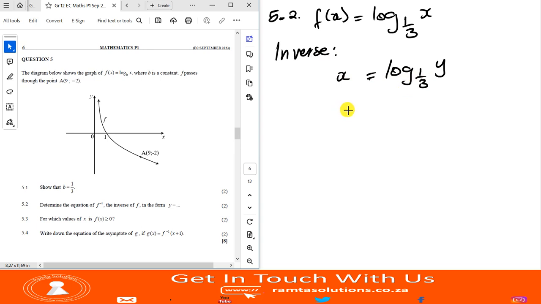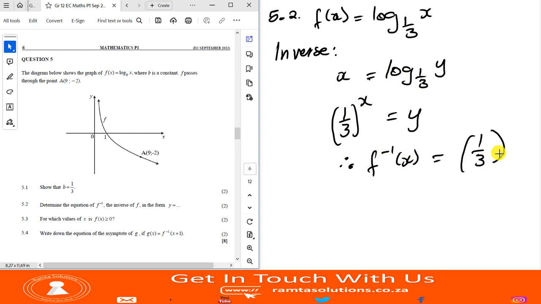And this will therefore mean that 1/3 all to the power x equals y. So I can conclude that f inverse of x is 1/3 all to the power x. I know we can get this directly, guys, but I prefer to show you how things are done so we don't make mistakes.